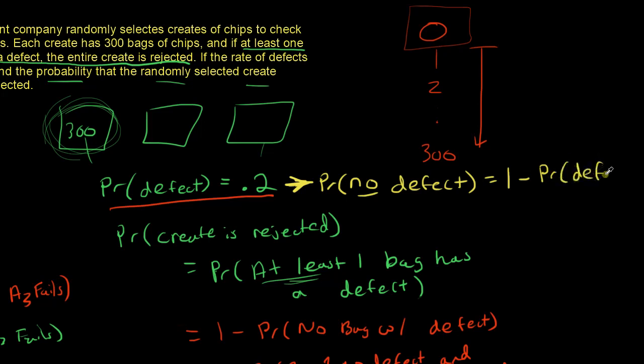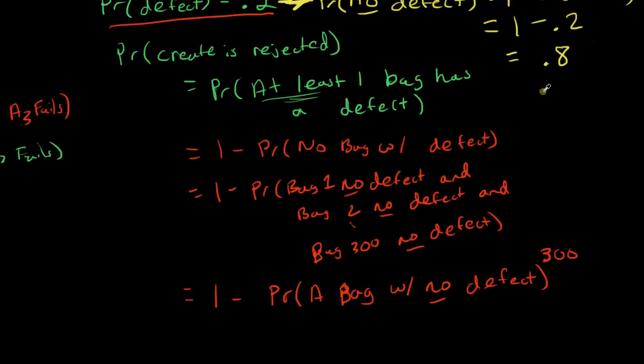Those are the two options. Either you have a defect or you don't, so these are complements of each other. If the probability of having a defect is 20%, that means 80% don't have a defect. So 1 minus 0.2 equals 0.8, or 80% do not have a defect because 20% do have defects. Okay? All right, so a bag with no defect is 0.8.